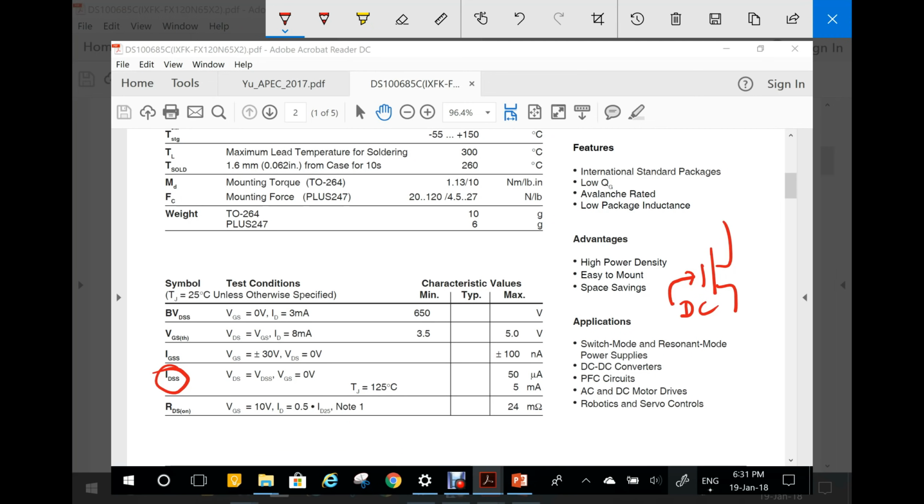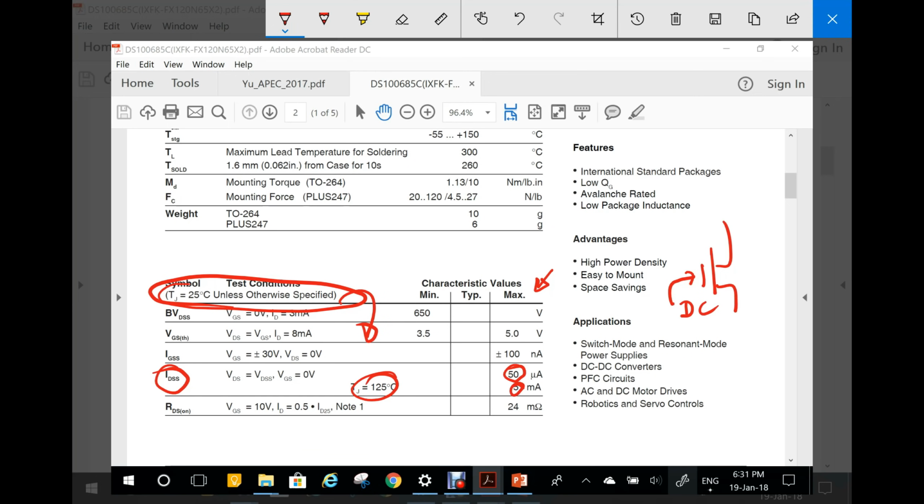We're talking about DC here, and it'll be like 50 microamp at 25 degrees, and it might go up to 5 milliamp at 125. By the way, in some blocks of the datasheet, some tables, you have the test condition at the title here, which corresponds to all the devices.